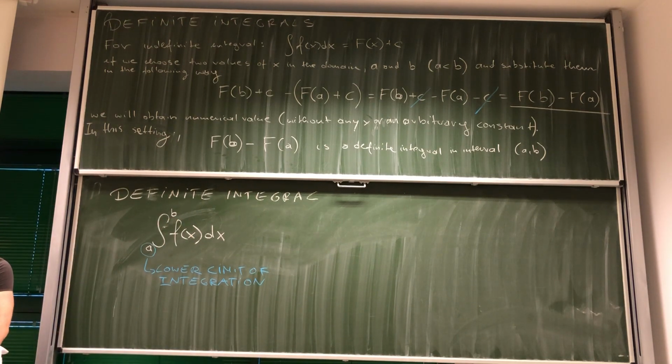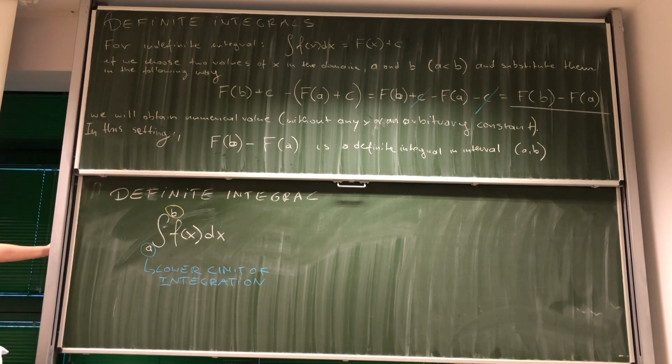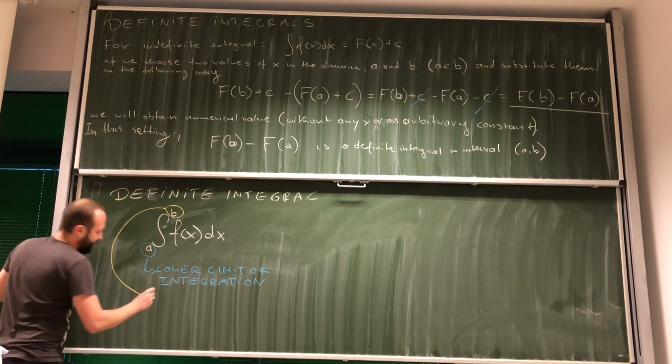The b that we have on the top is of course, as you might expect at this moment, called upper limit of integration.